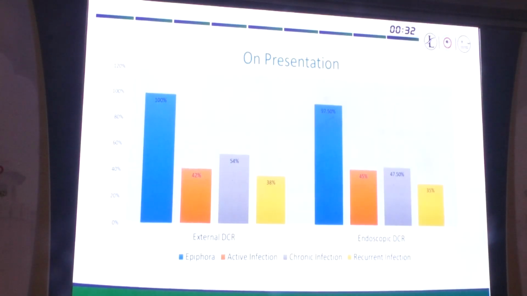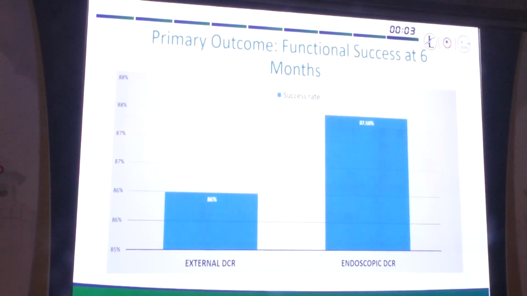On presentation, in the external DCR group, 100% of patients have epiphora, 42% have active infection, and 38% have chronic infection. In the endoscopic DCR group, 97.5% have epiphora complaint, active infection in 45%, chronic infection in 47%, and recurrent infection in 35%.